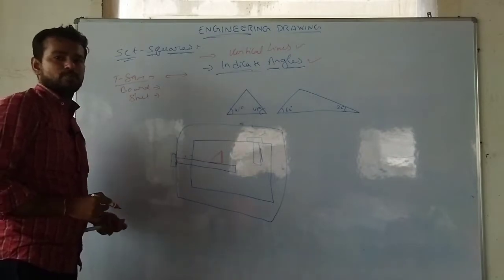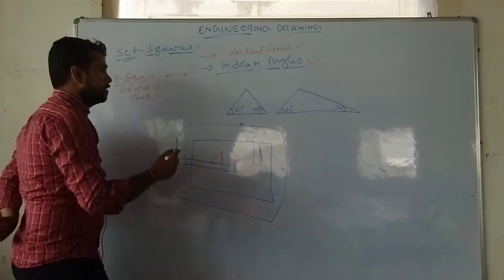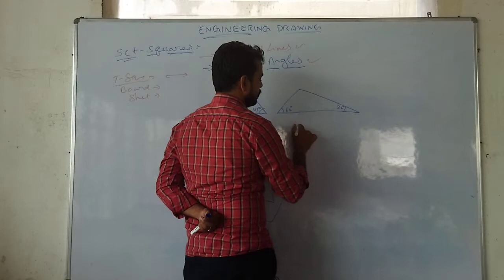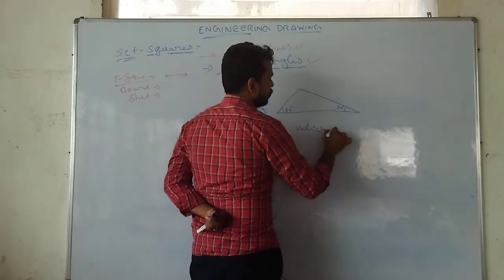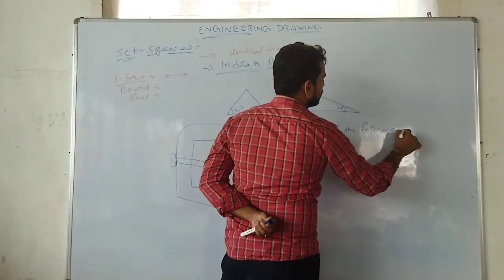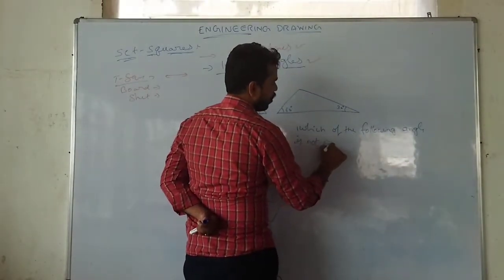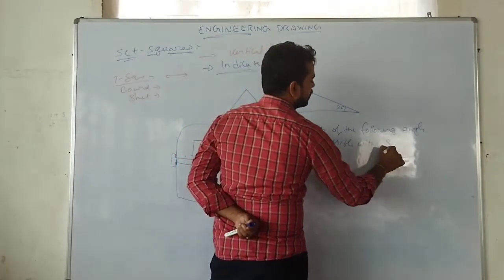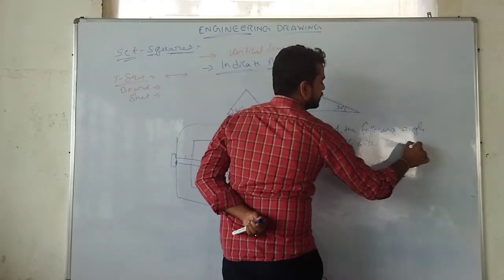Okay, both are possible. Okay, and you will get some questions from this set squares. Okay, like which of the following angle is not possible with single set square?